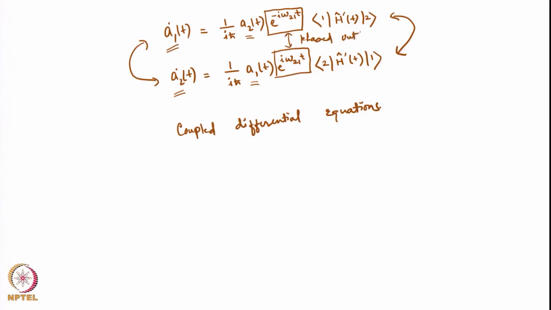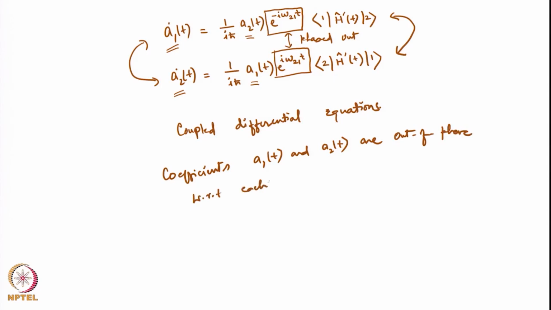What it means is when A1 goes up, A2 comes down, and when A2 goes up, A1 comes down. So these are out of phase with respect to each other. So the coefficients A1 t and A2 t are out of phase with respect to each other.